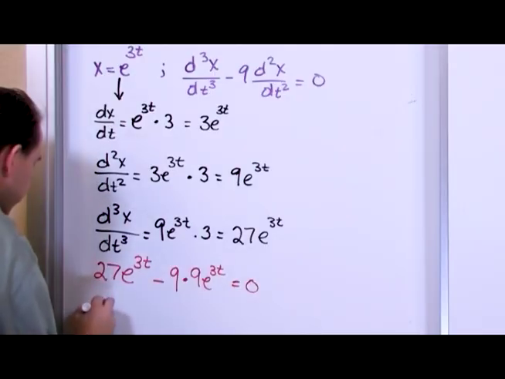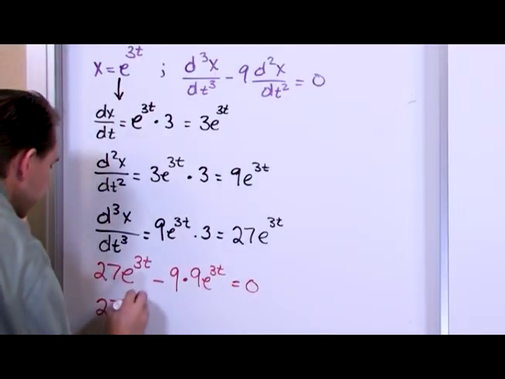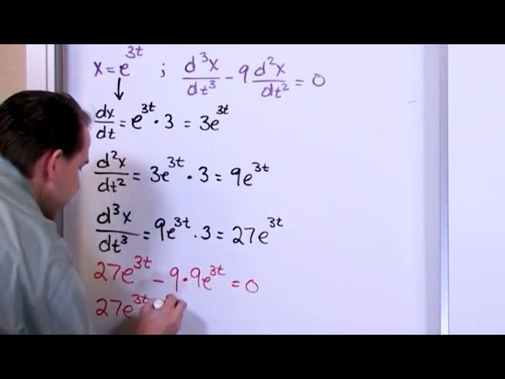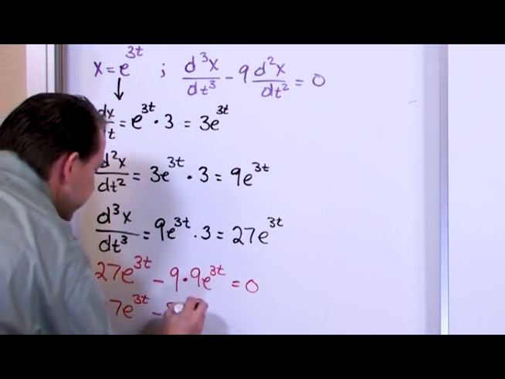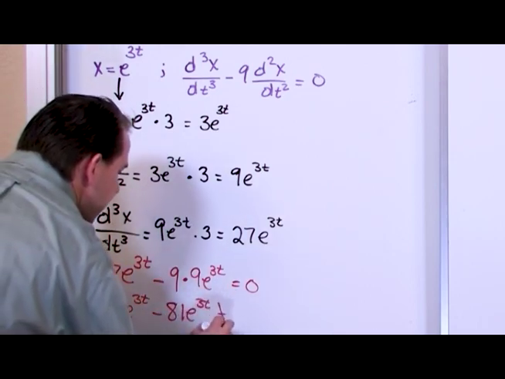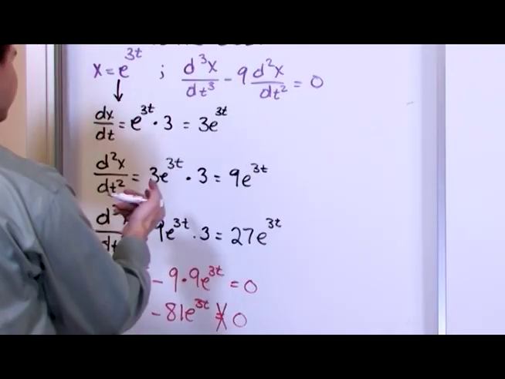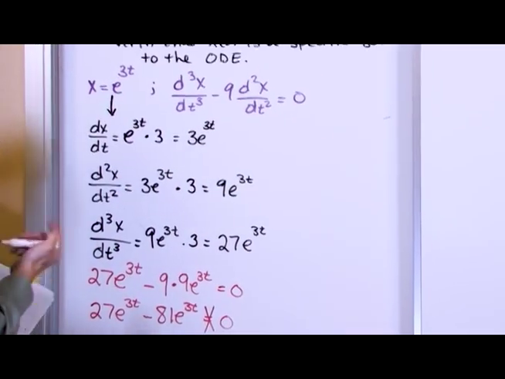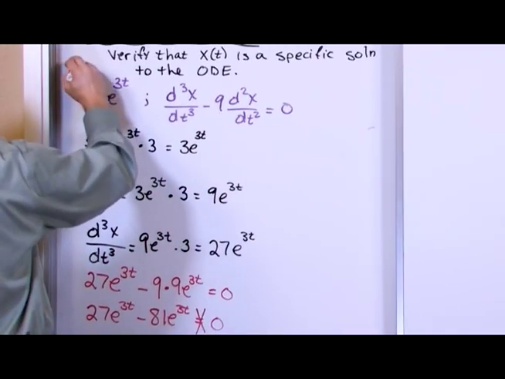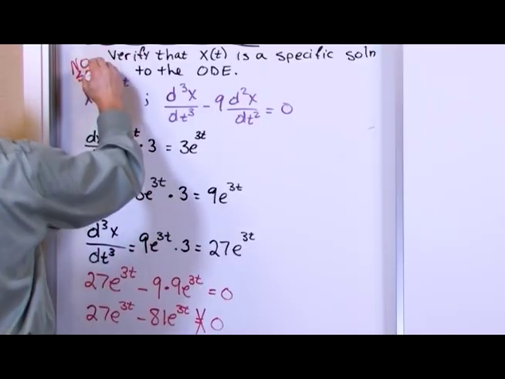So here I'm going to have 27e to the 3t, and here I'm going to have 9 times 9 is 81, e to the 3t, and that is not equal to 0. There's no way this is going to be equal to 0, so this is not a solution. So this guy here is not a solution. That's the answer to the problem.